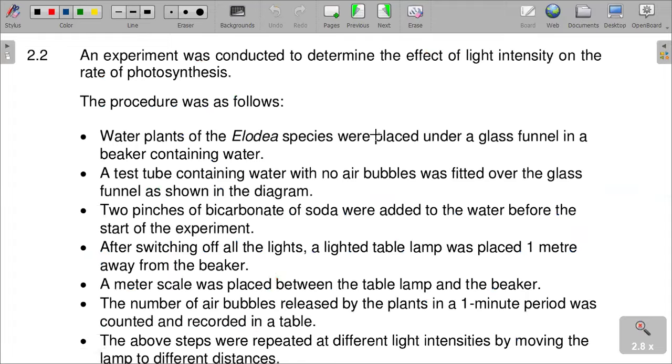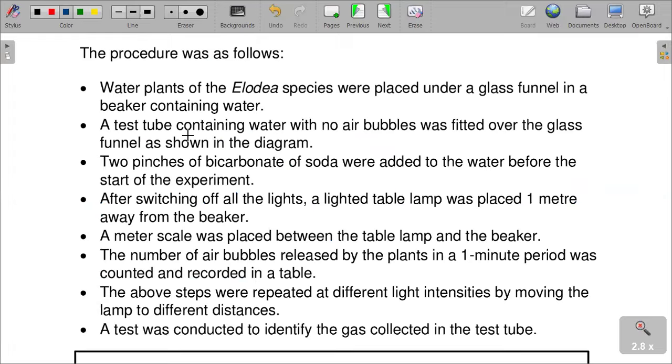An experiment was conducted to determine the effect of light intensity on the rate of photosynthesis. The procedure was as follows. Water plants of Elodea species were placed under a glass funnel in a beaker containing water. A test tube containing water with no air bubbles was fitted over the glass funnel as shown in the diagram below. Two pinches of bicarbonate of soda were added to the water before the start of the experiment.